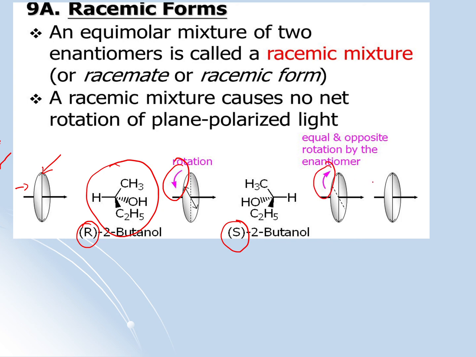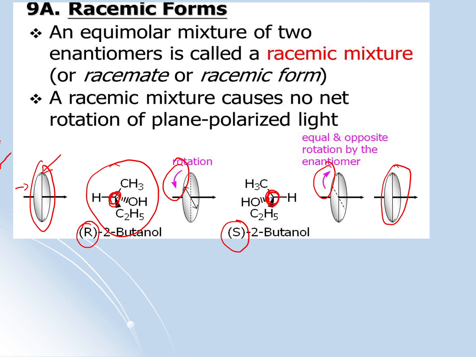So they both have the ability to rotate the plane of polarized light, but because they're in equal quantities in the mixture, it turns out that the plane polarized light from the start of the polarimeter to the end is unaffected. So you have two optically active compounds in here. If you look, the chiral carbon is where I'm circling now.